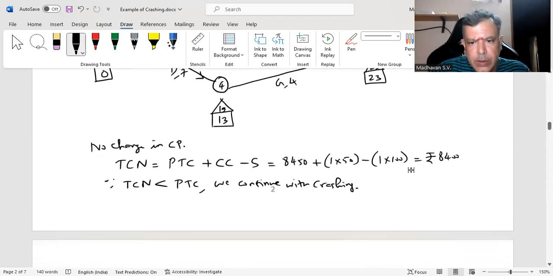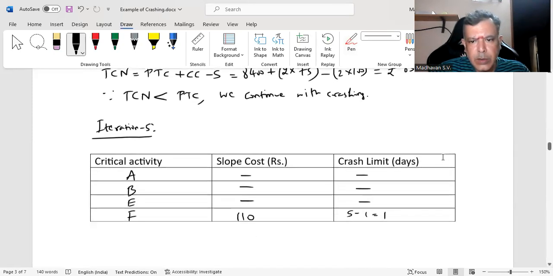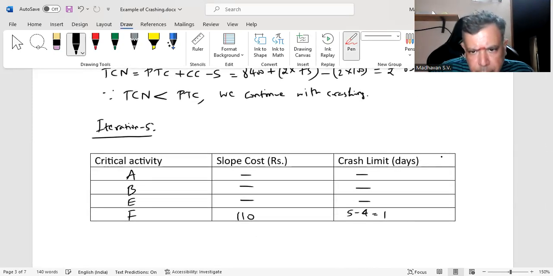Here also 5 minus 4. Here also 5 minus 4. Now, there is only one activity for crashing, that is activity F, which is going to cost you 110 rupees, and you have only 1 day to crash. But is it worth to crash that? It is not worth. Reason is, saving per day is 100 rupees, whereas the crashing cost will be 110 rupees.